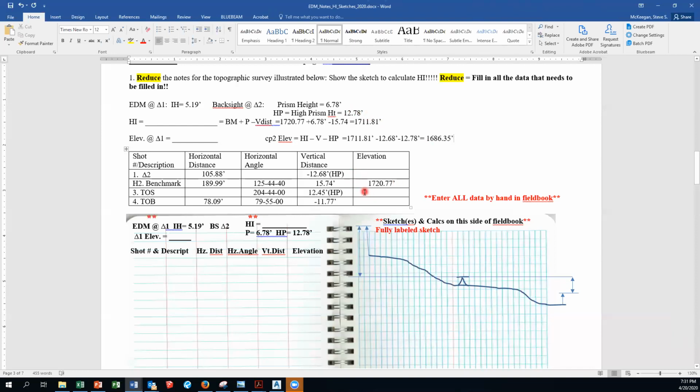Now, how do I get this one, even though that's a blunder? That's going to be the toe of slope. And that's going to be HI plus the V minus a high prism.